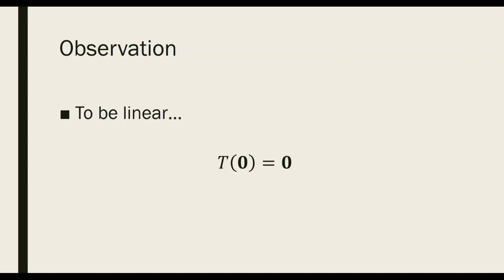All right? So again, these might not be the same dimensions. This might be a 3-dimensional 0 vector, so a 0 vector with 3 entries, and this might be a 0 vector with 2 entries. But in order to be linear, we have to let the 0 vector go to 0. Okay, the transformation has to do that.